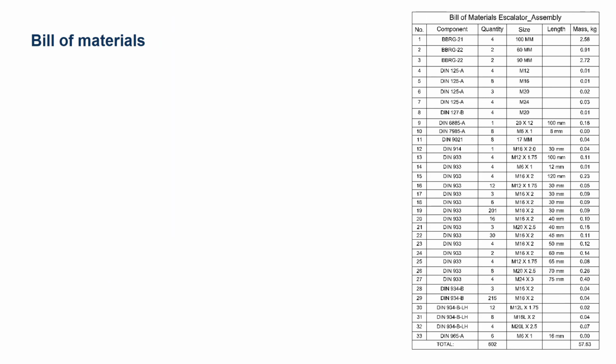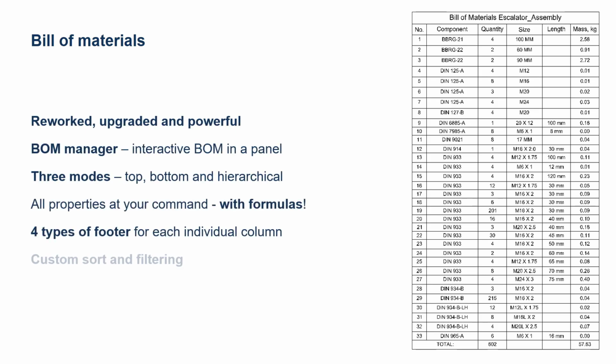Another important thing when you work with assembly is bill of materials. Those of you who previously worked with BricsCAD Mechanical probably remember it as just a plain old table inside your drawing, which shows the list of all components, but that's all. In BricsCAD V20, we completely changed it. Now it's based on data extractor technology, so you can extract any possible properties you have for your component.